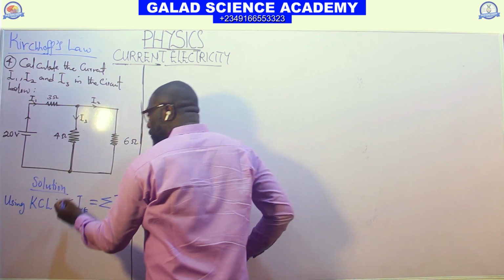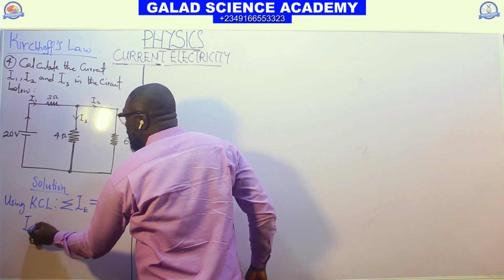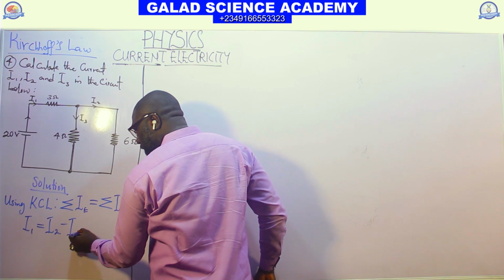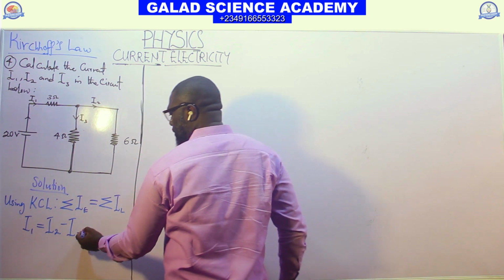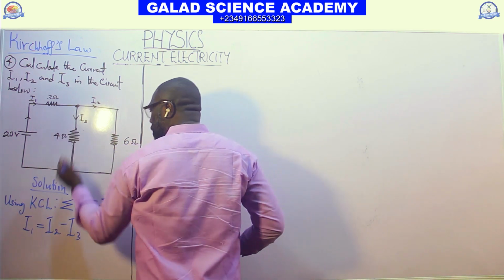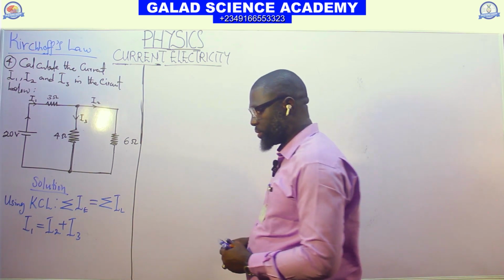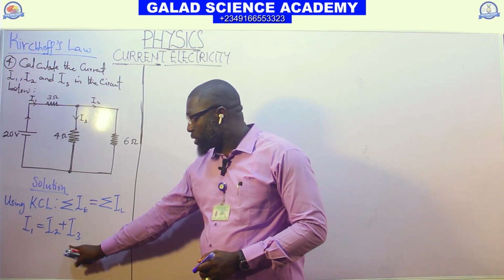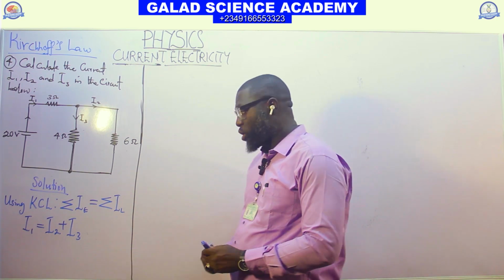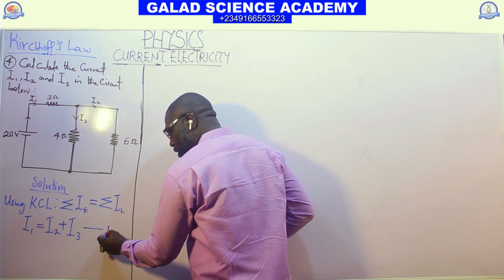So from the expression, you have I1 is equal to I2 plus I3. This is Kirchhoff's first law. We call it equation 1.